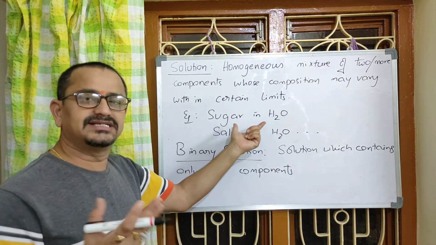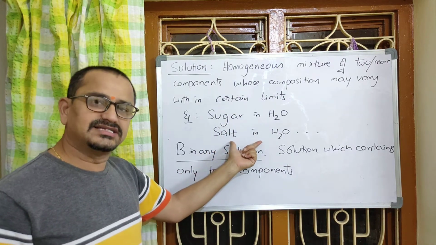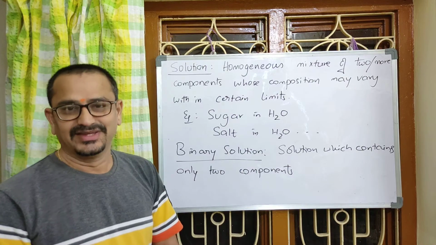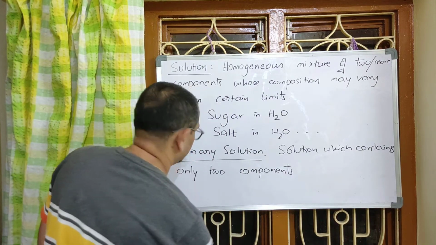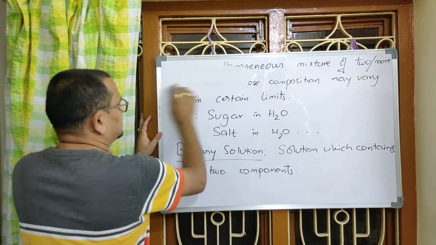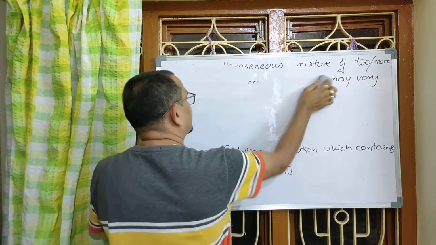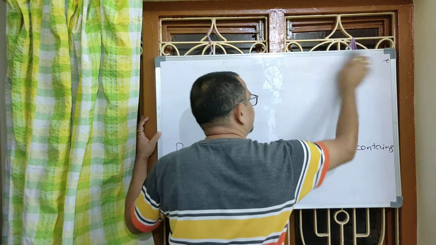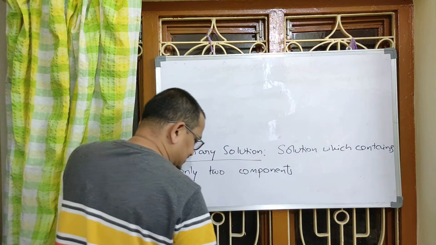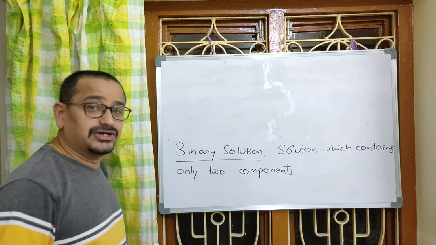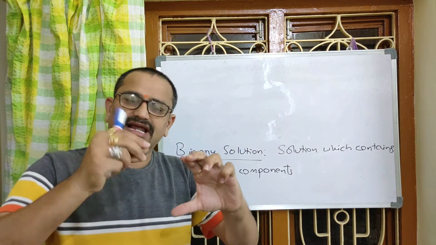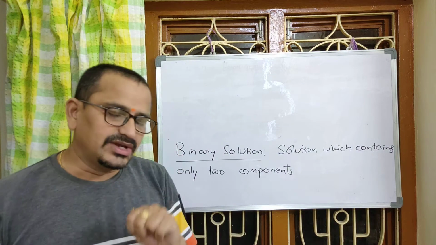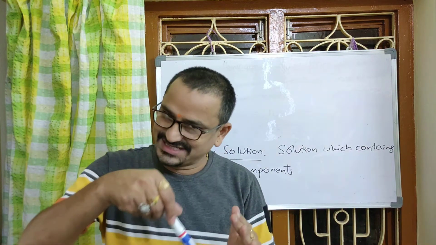Suppose sugar in water is a binary solution, salt in water is a binary solution, etc. Right? Now, in a binary solution, we have to learn the classification. Means, when there are two components in a solution, consider you added some sugar in a glass of water and dissolved the sugar, of course.